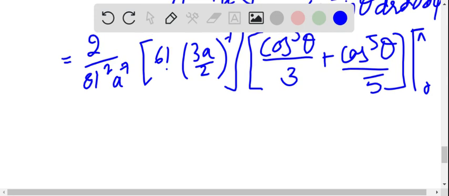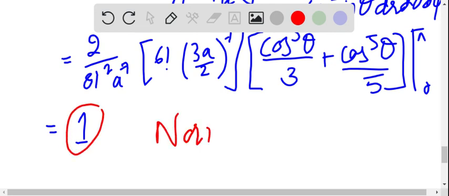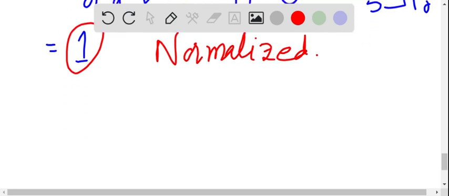So next you apply the limits and you will get that it is equal to 1, right? Since the answer is equal to 1, it means that it is normalized. So this was the solution for part B.